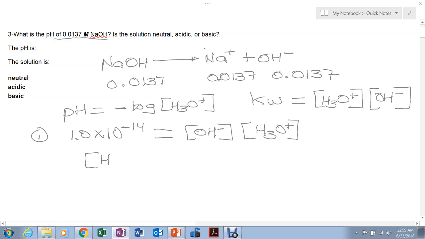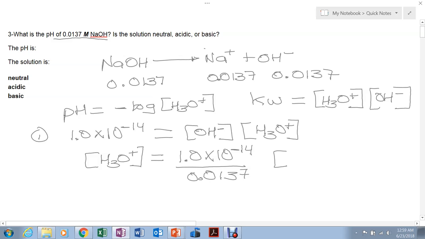I'm going to do it this way, and I'll show you a different way of doing it. I'm solving for H3O: 1.0 by 10 to the minus 14, divided by OH on both sides. The concentration of hydroxide is 0.0137.